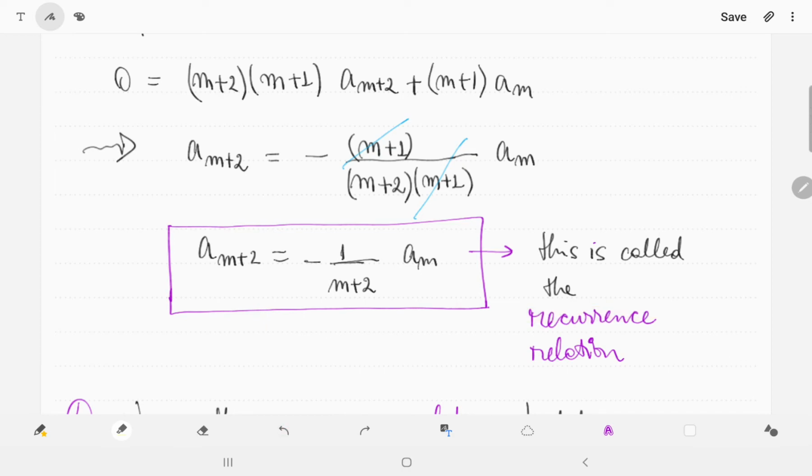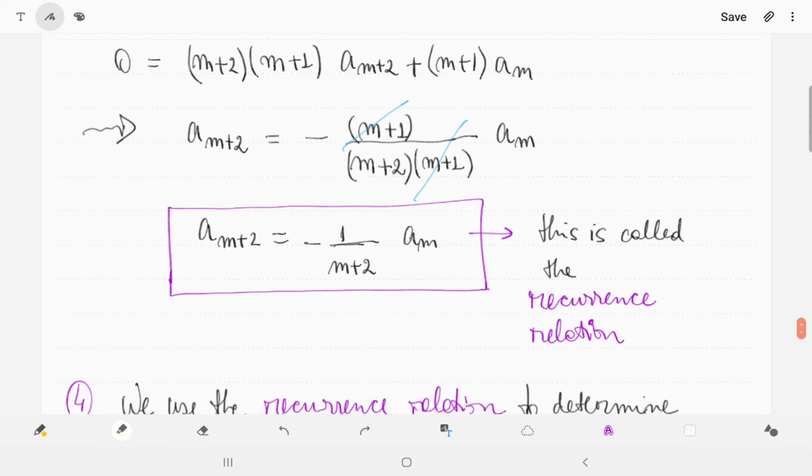As we can see, we can compute the coefficient a_{m+2} if we know the one two steps before, which is the coefficient a_m. Not exactly the previous one, because the previous one would be a_{m+1}. That is called the recurrence relation.